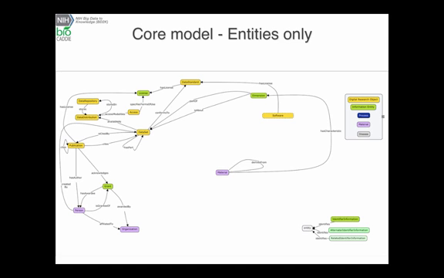Okay, so in order to give you an overview of the model, this diagram shows the core model, so only the entities that are available as part of the core model. As you can see, these entities are really generic and allow us to describe any data set. At the core of the description is the data set.